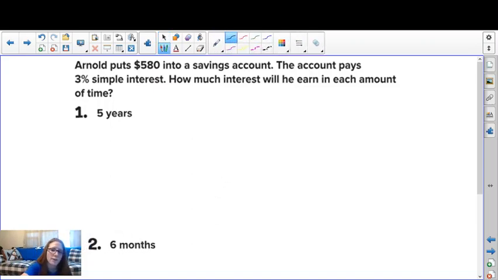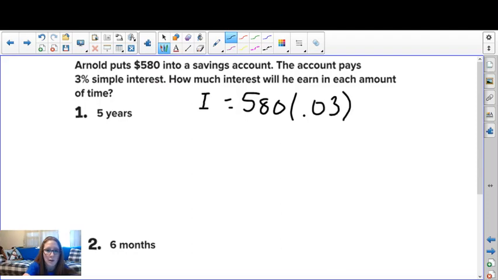First, we're going to go ahead and set it up. So I, my interest, is equal to the amount that I'm putting in, which is 580, times the percentage as a decimal, 0.03. We've been working very hard on those. And the amount of time, which we're doing as 5 years. So I can just put it as 5. So grab a handy dandy calculator out.